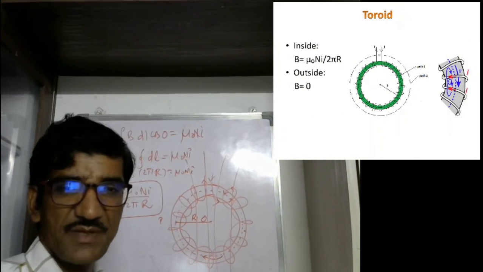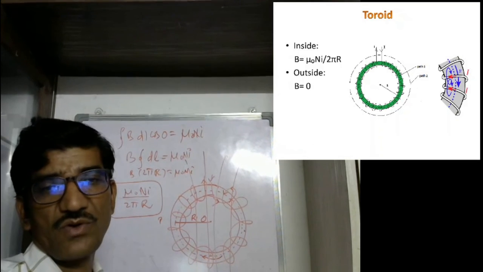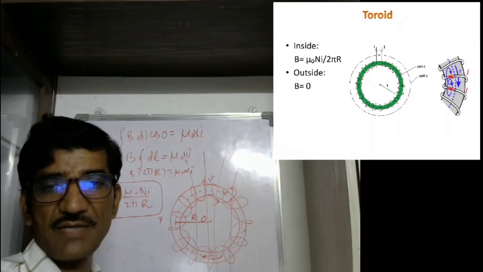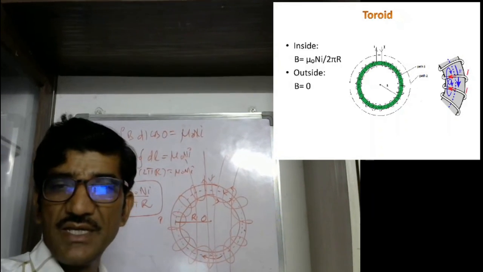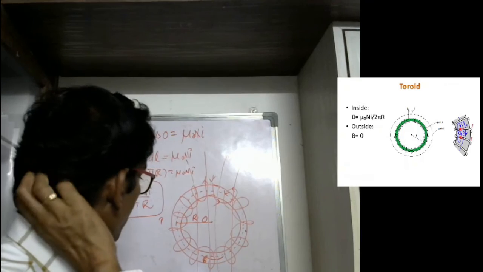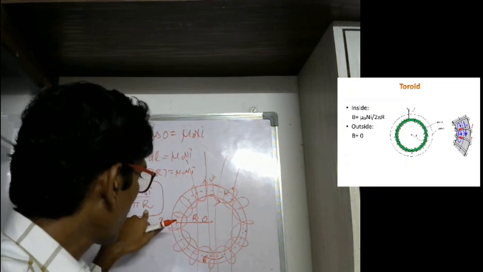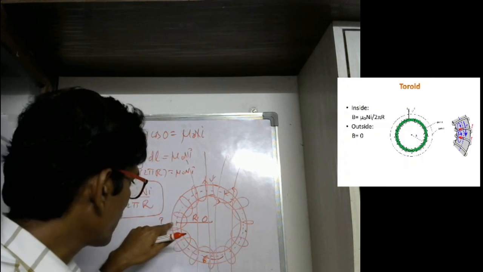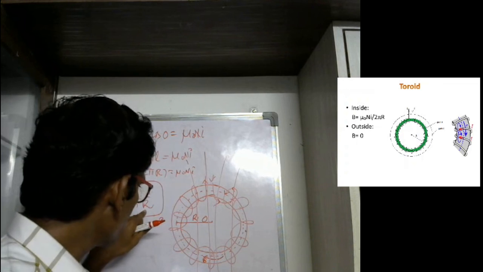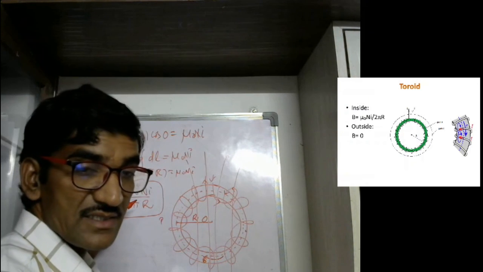Here you see the expression for the inside points: mu naught N I by 2 pi r. For outside points, you have B equal to 0. As you increase the radius, moving from one point to another within the toroid, the B value decreases.